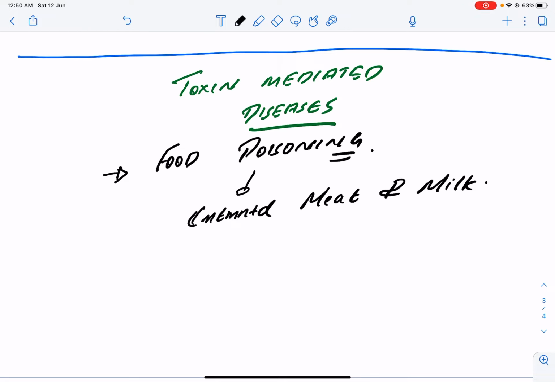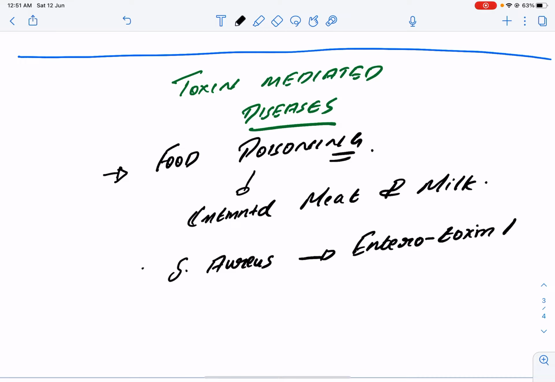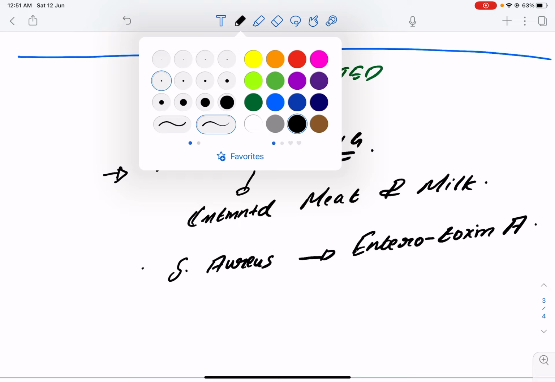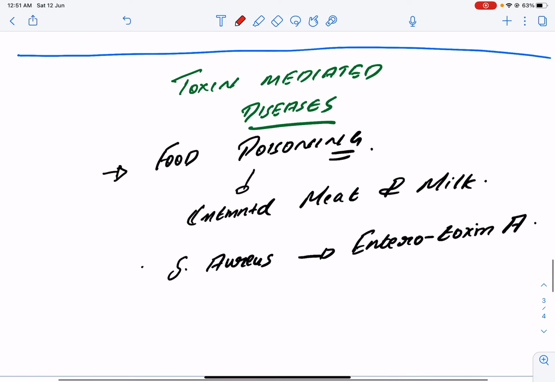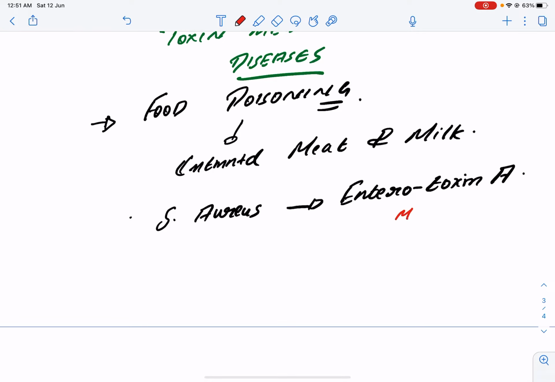This Staph aureus will produce something called enterotoxin A. Entero means intestine. This is the most common toxin that will cause the disease, a preformed toxin.